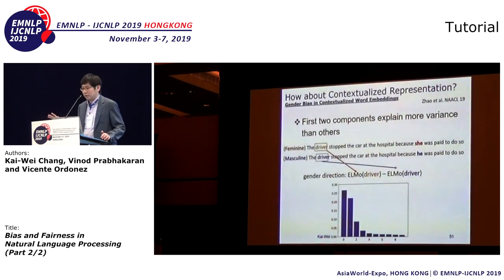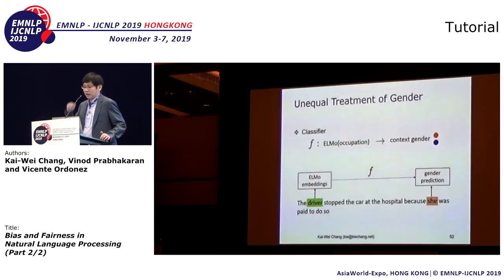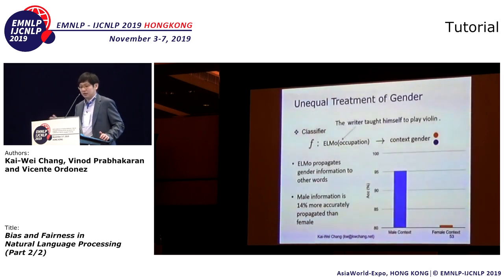So this is nothing special, nothing surprising, but we also tried to analyze if there is gender bias in this context. So what we did is, if I give you the contextualized embedding of a word like driver, can we predict what the gender word in the same sentence is? If there is no bias there, then you would imagine the model can achieve similarly high performance predicting that there is a he or she in the same sentence.